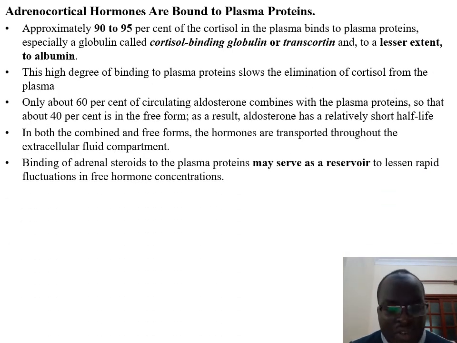Approximately 90 to 95% of cortisol in plasma binds to plasma proteins for them to be transported, especially a globulin called cortisol binding globulin or transcortin, and to a lesser extent to albumin. So most of these cortisol, they need to bind to cortisol binding globulin for them to be transported, just like we had thyroxine.